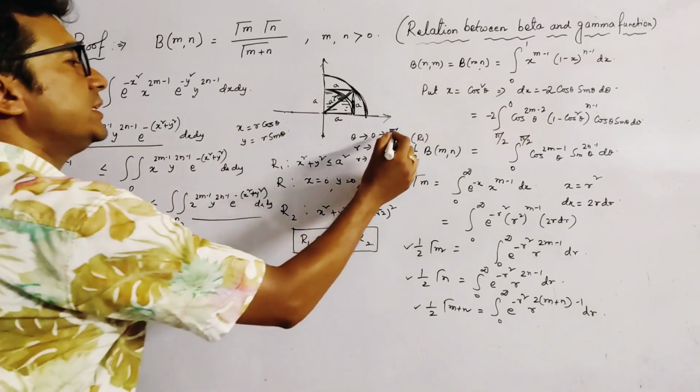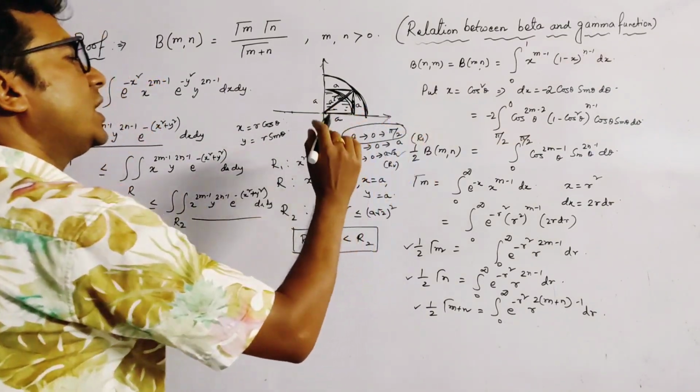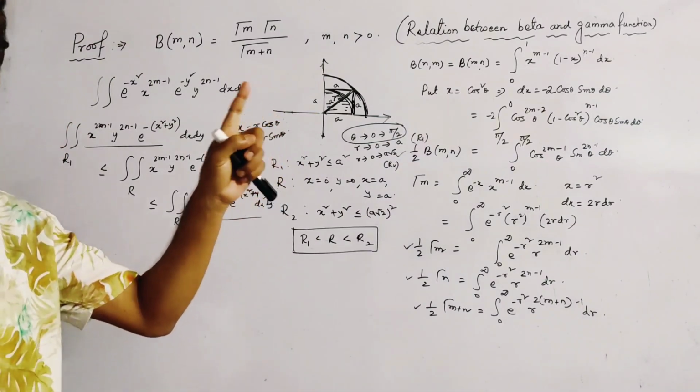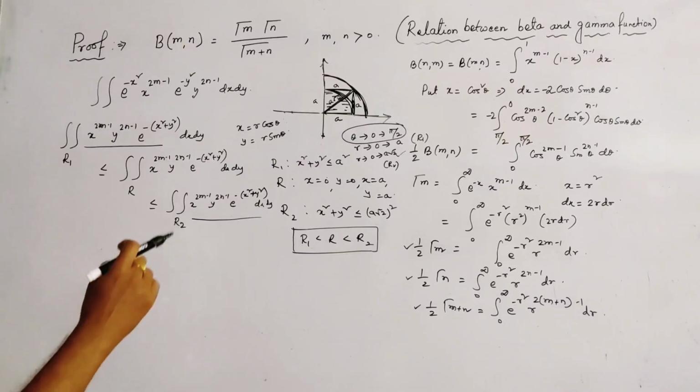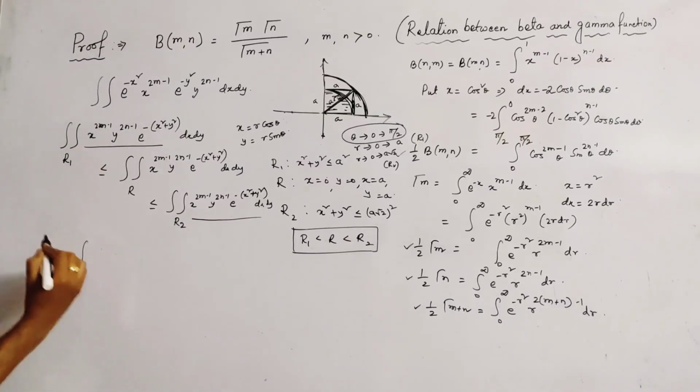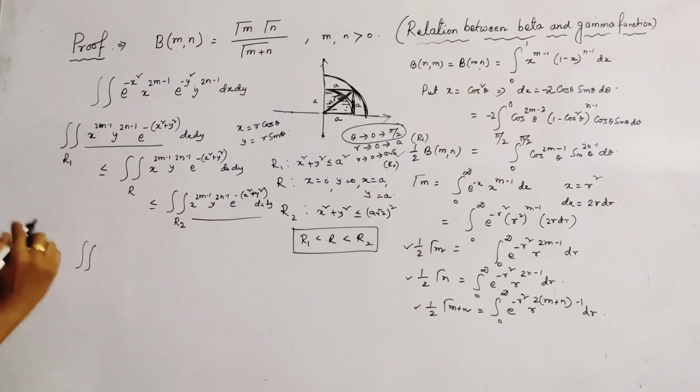The range of theta for both circles is 0 to pi by 2 because it is the first quadrant only.